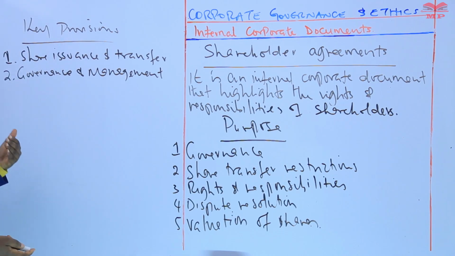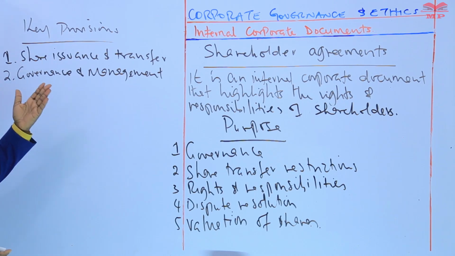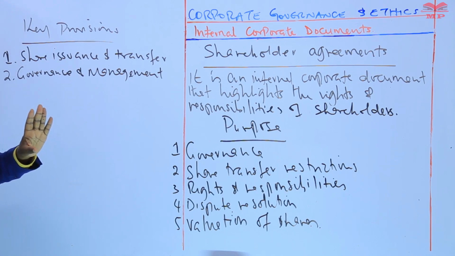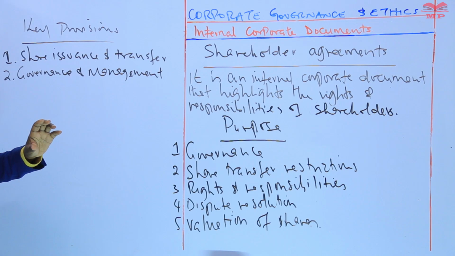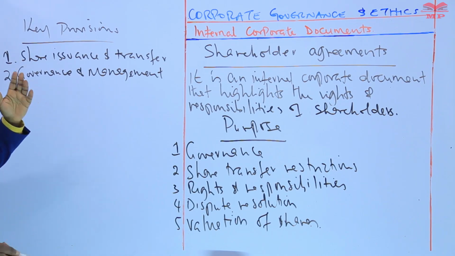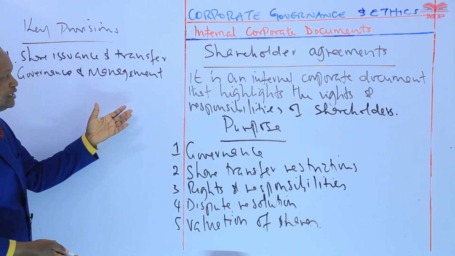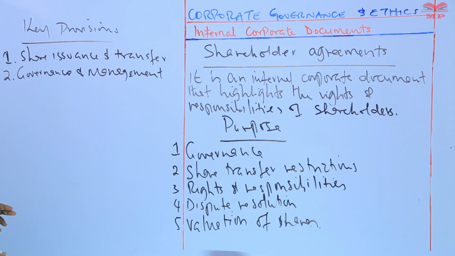So that is the second key provision of the shareholder agreement. Governance and management, which refers to the procedures that should be put in place when electing directors. There are also procedures for holding meetings, procedures for making decisions, and so on. That's the second provision.